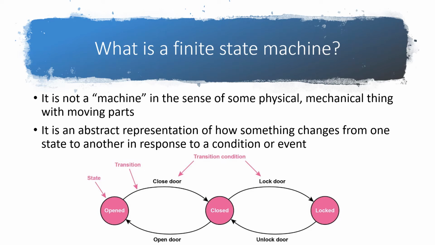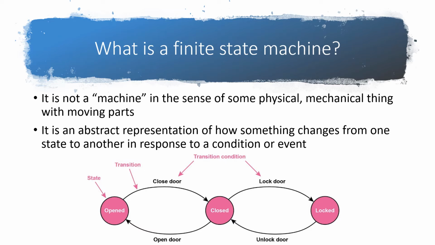is essentially the condition, right? So in order to move from an opened door to a closed door, we actually need to close the door. To move from a closed door to a locked door, we need to lock the door.